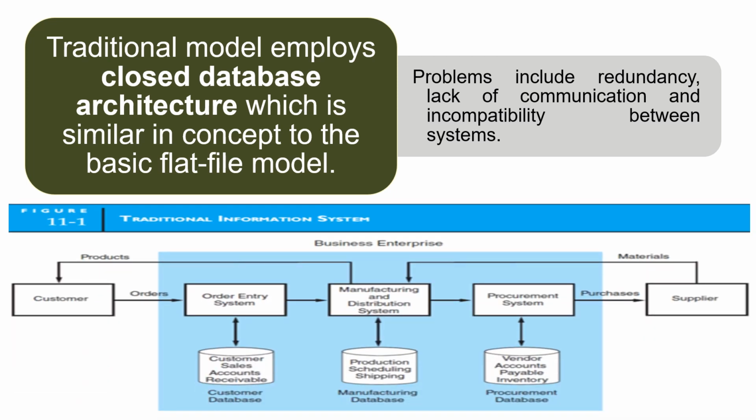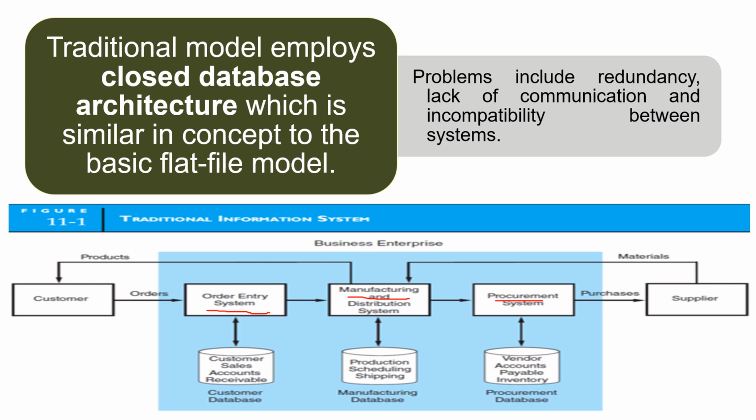If you see here in this figure, we have the customer order, let's say the sales order, then we have the manufacturing and distribution system, and we have the procurement system.